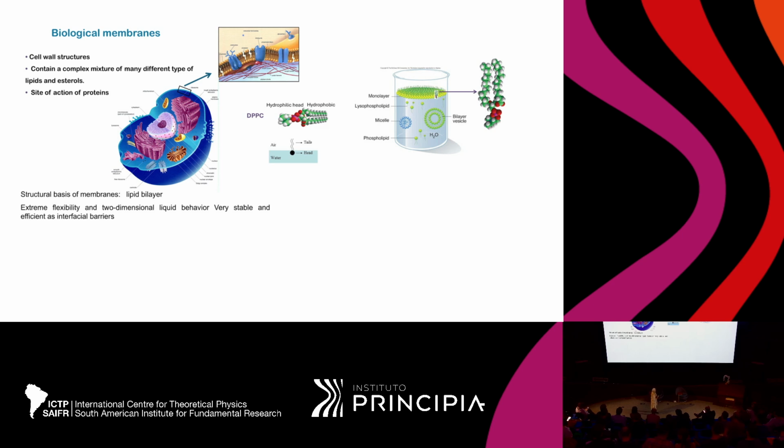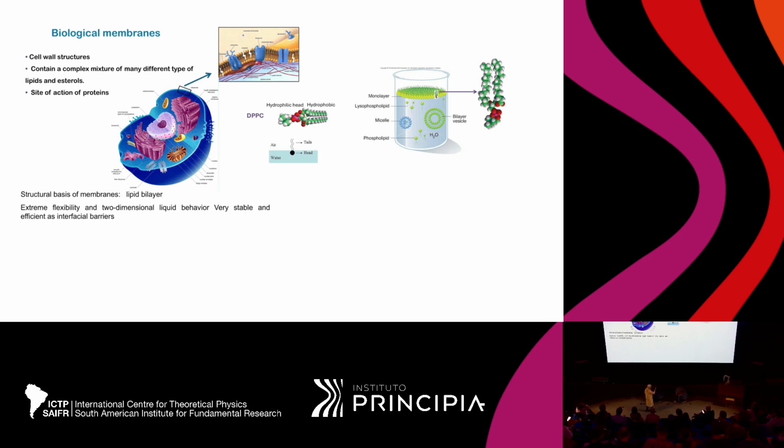But as a physicist, if you have the cell as a very complex system, you want to see what happens if I pick up the different components and try to understand each in a separated way. In this sense, models of lipid membranes can help a lot to understand this kind of properties.